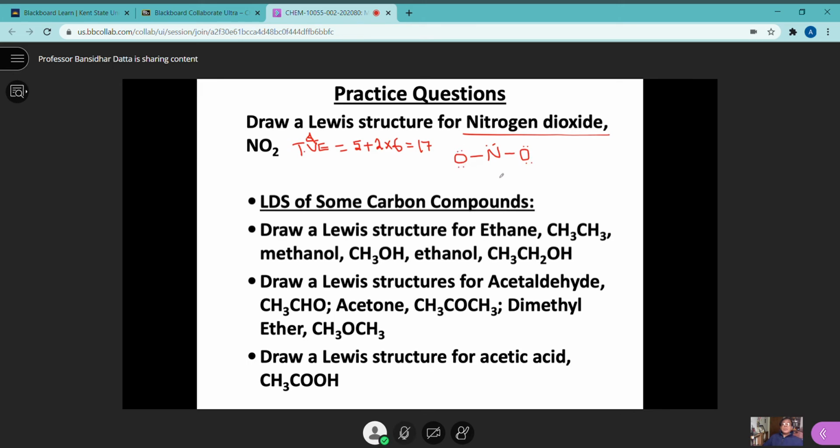Now tell me how many electrons are used already. So 2, 4, 6 here, 2, 4, and 6, and then another 2, 4, and 6. So basically 6, 6, 12, plus 2, so 14 of them used, 3 electrons still remaining. So what will you do next? You take 1 electron.